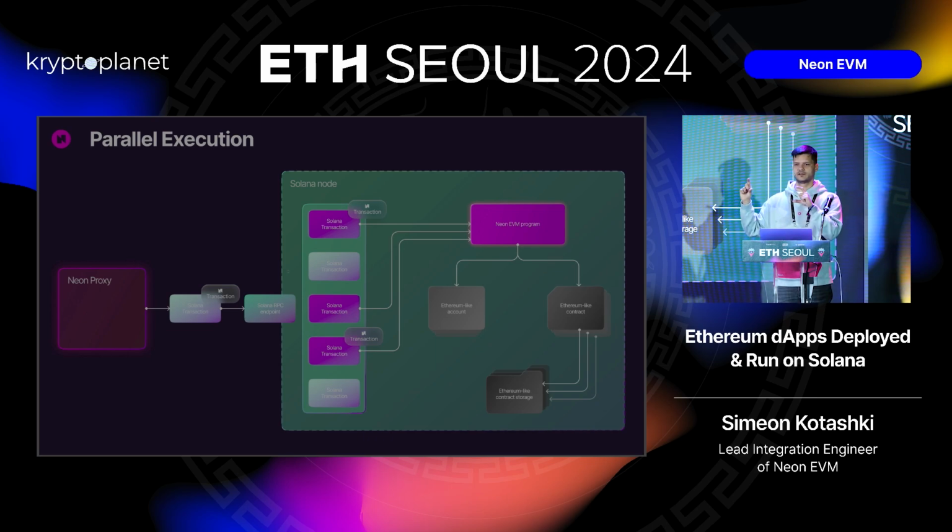Basically, you can wrap the meme coin that is on Solana in an ERC20 interface and create a pool or do anything. So you can access Solana liquidity in that case. And this is done natively because Neon EVM lives inside Solana. You don't need to do a bridge transaction. You just need to transfer your SPL token from your Solana account to your Neon EVM account.